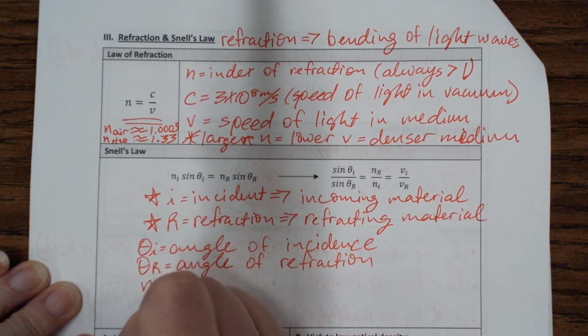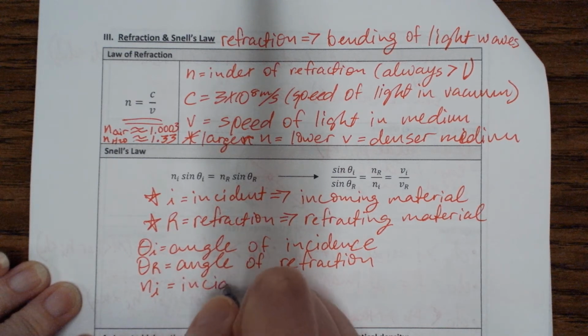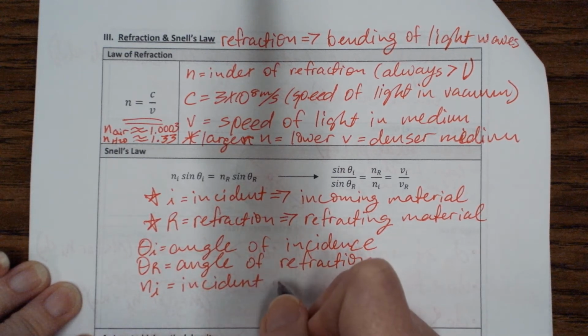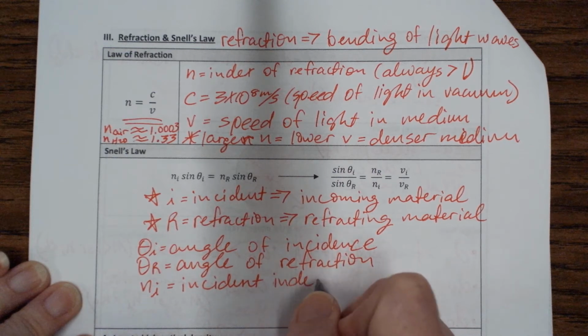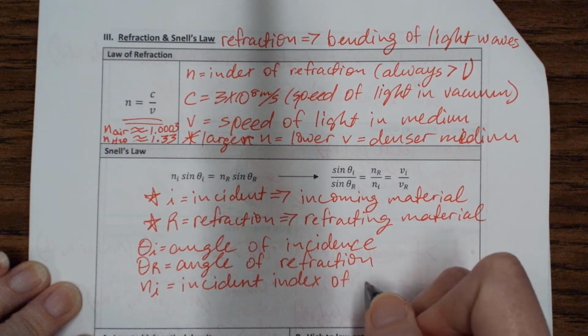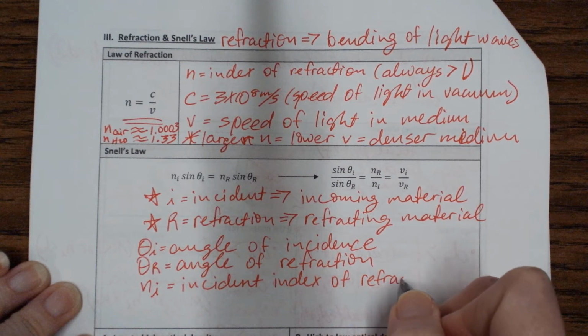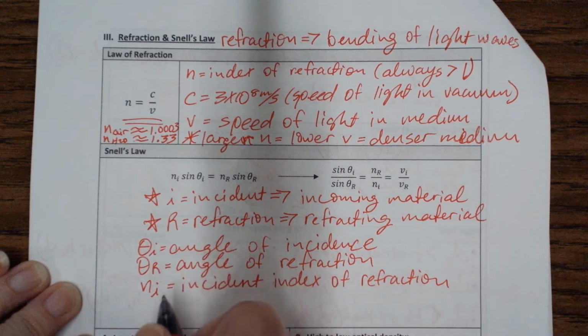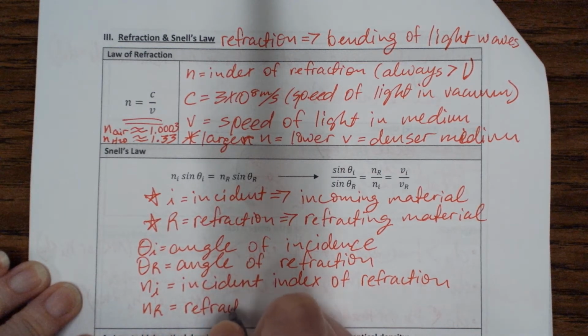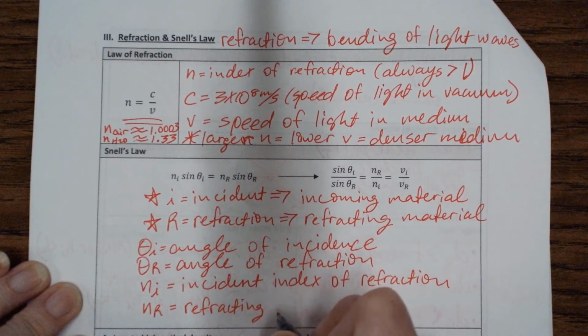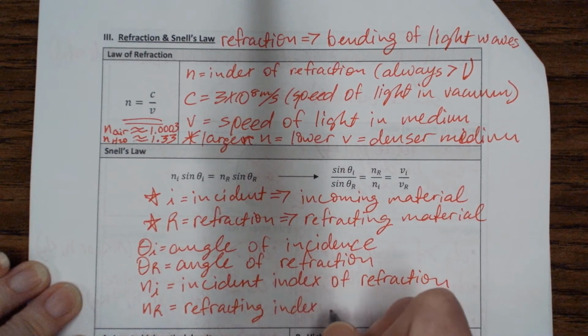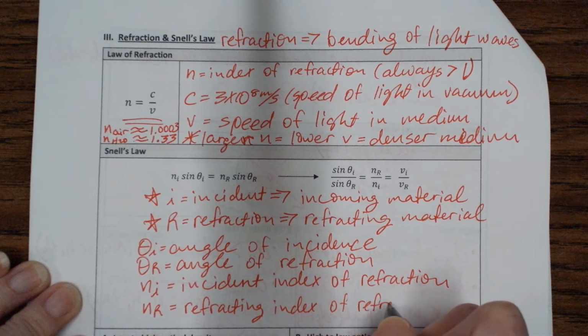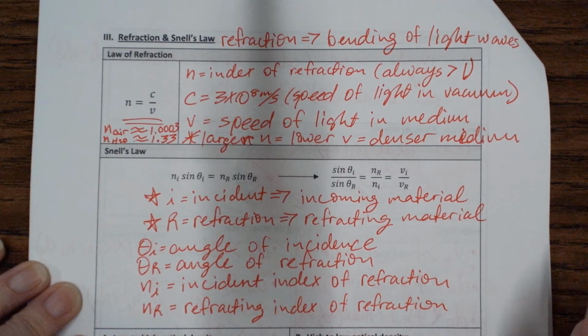My n_i is the incident index of refraction, and my n_r is my refracting index of refraction. Okay, and so this is Snell's law.